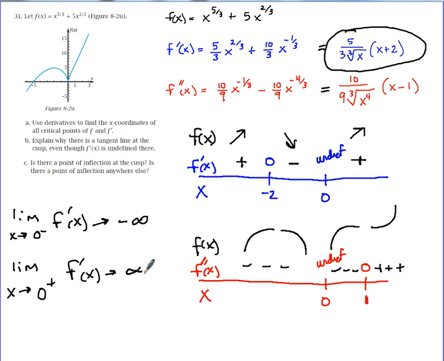So this is tending towards infinity. And you're like, well, wait, those are different. But when you think about this in terms of the slope, this just means that f of x has a really big negative slope and then a really big positive slope. Those are vertical lines. So the tangent line at x equals 0 is just a vertical line. And that's all they're trying to point out here.